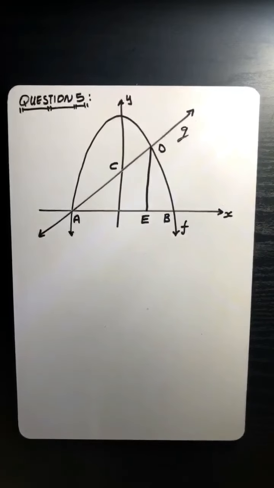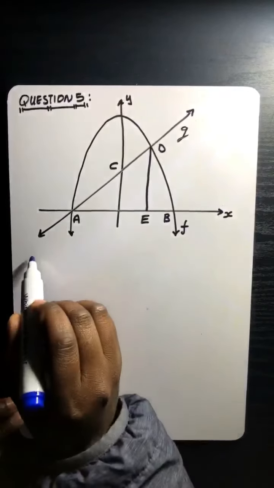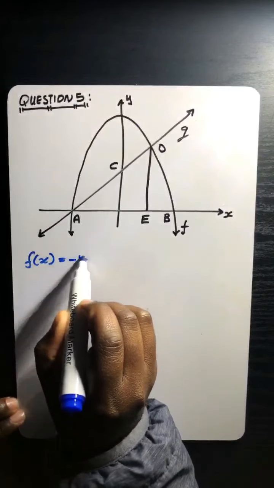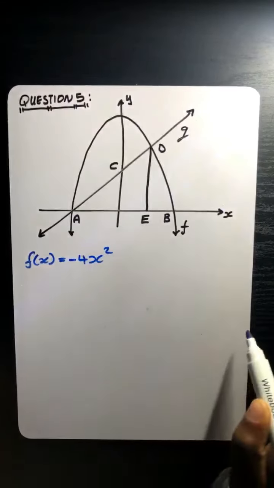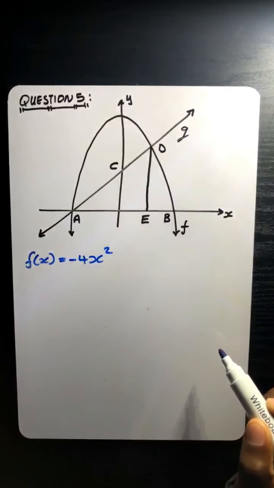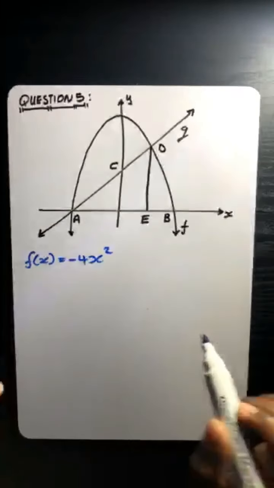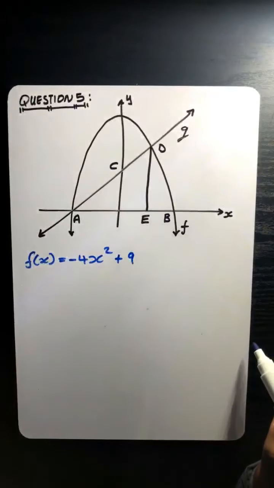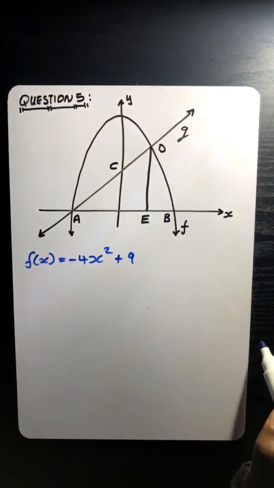So sketched below are the graphs of f of x equals negative 4x squared plus 9, and g of x equals 2x plus 3.